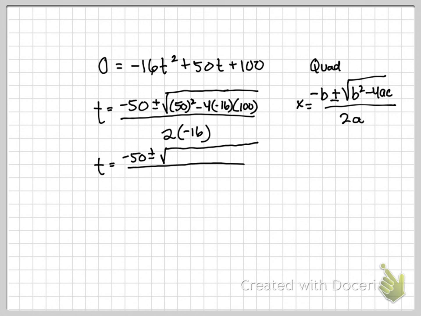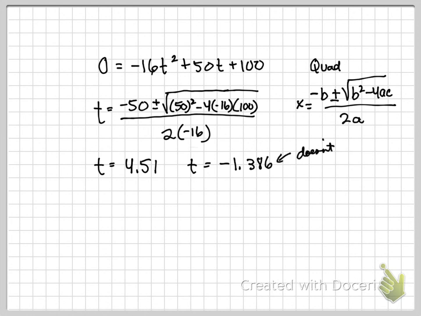Anyways, I'm just going to plug this into my calculator, make things a little bit faster. And when I plug this into my calculator, I'm going to get two values. I'm going to get positive 4.51, and I'm also going to get a negative value, which is negative 1.386. This value doesn't make sense because remember, we're looking for time.